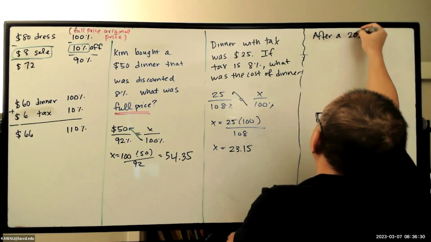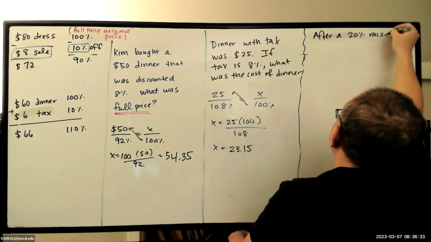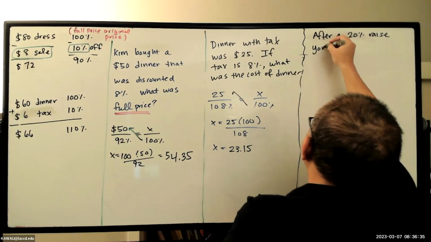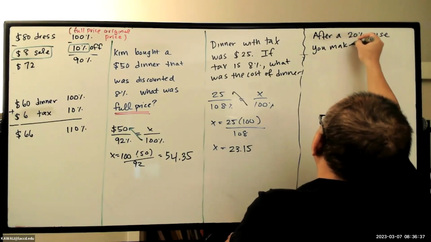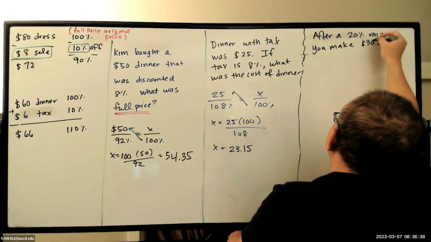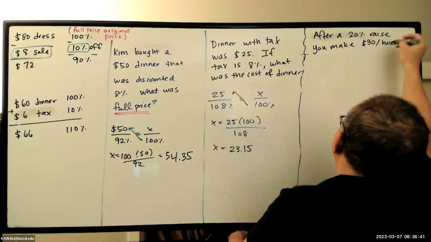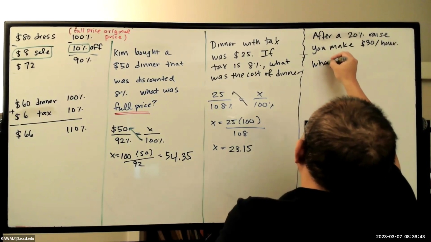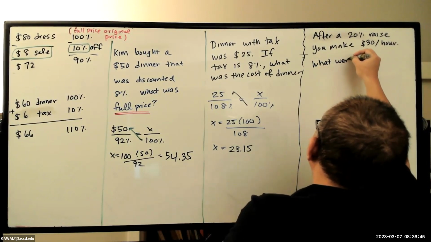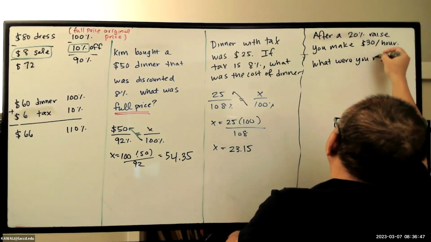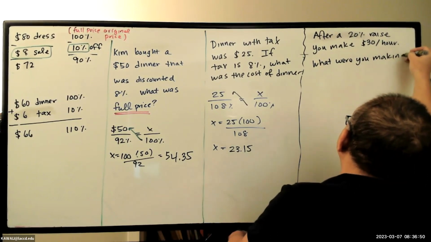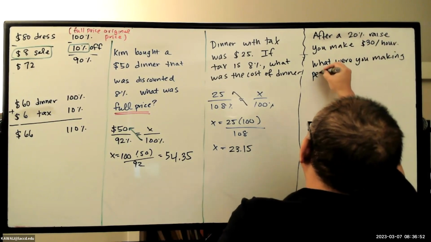After a 20% raise, you make $30 per hour. What were you making per hour?